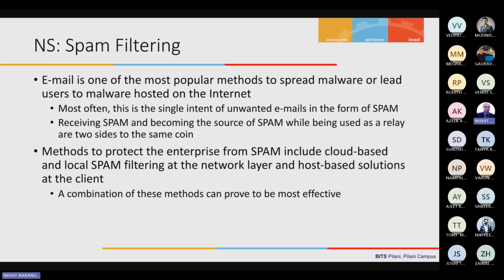My machine could get infected and I could become the source of spam. In a way, I could be used as a relay. So I first get infected via a spam email, and then that infected machine becomes a source of spam email, spamming many other people. So I'm being used as a relay node, receiving spam email and forwarding it to others.